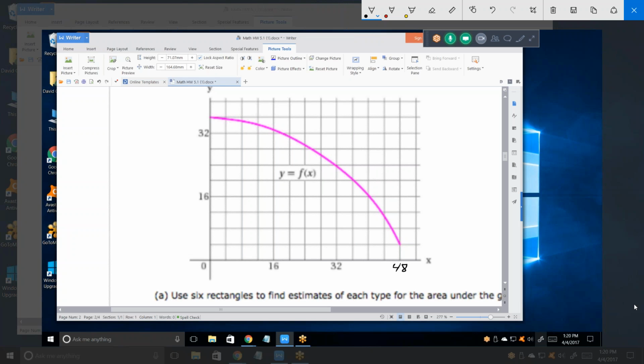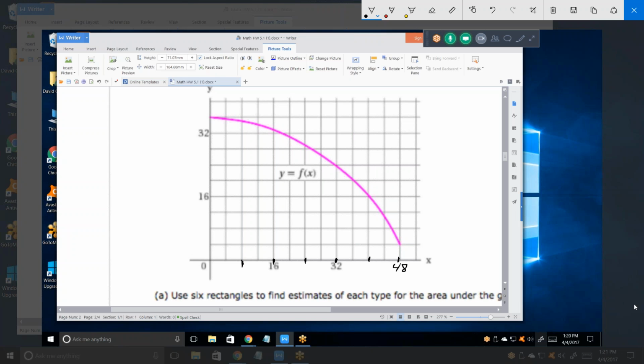So notice this is a decreasing curve. We're going to use 6 rectangles. How wide is each rectangle going to be? Is it 8? Which is right there. So if I put a rectangle every 8 units, I'm going to end up with 6 rectangles.